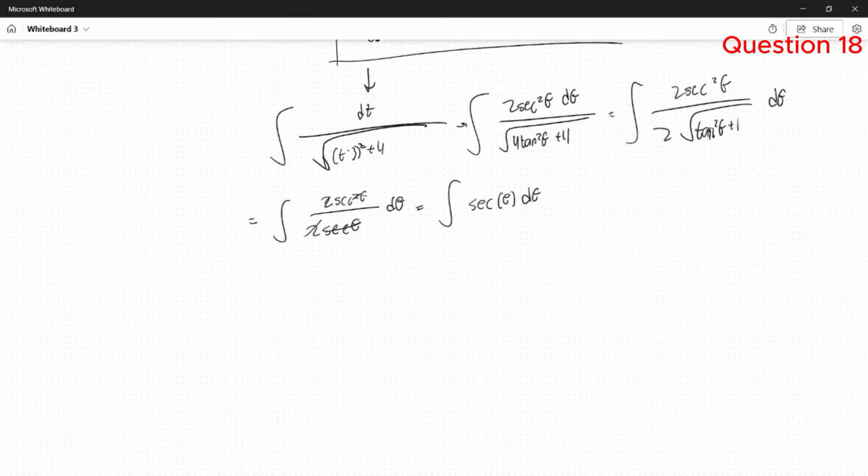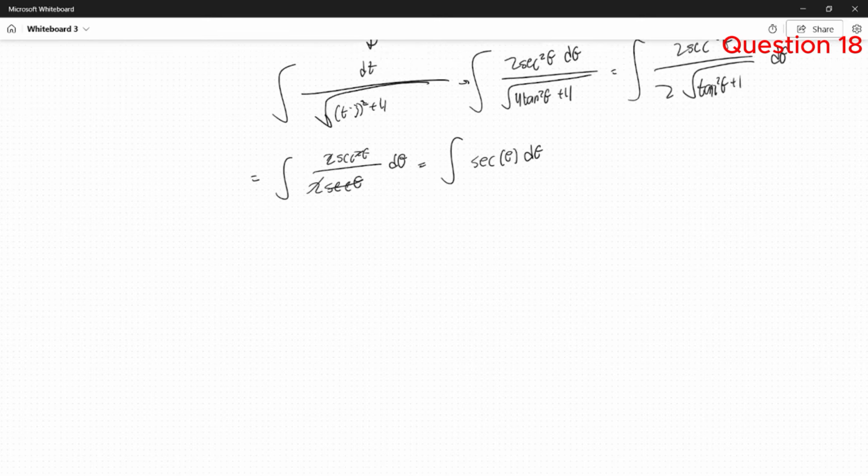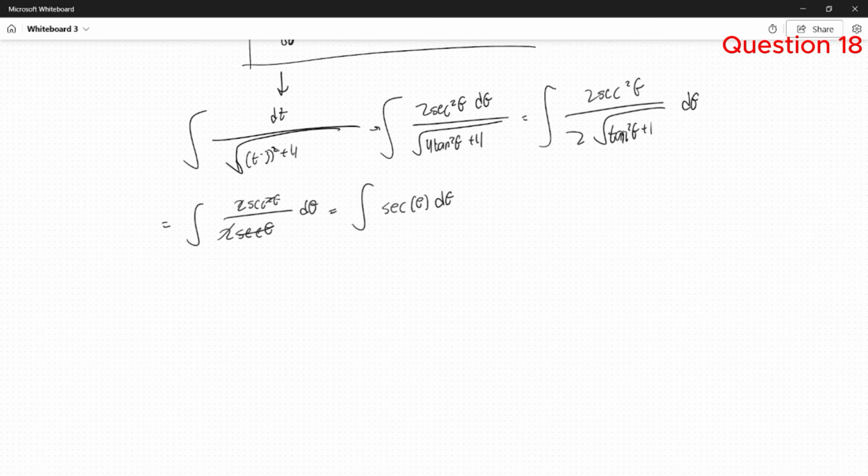Now, there is a way to obviously derive the integral for this formula, or derive the solution to this integral, but for the purposes of the exam, it's best to memorize this integral. The integral of secant theta d theta is equal to the natural log of the absolute value of tangent theta plus secant theta.